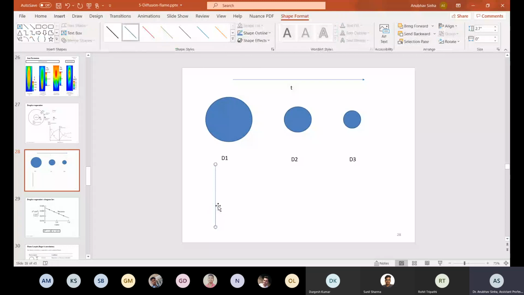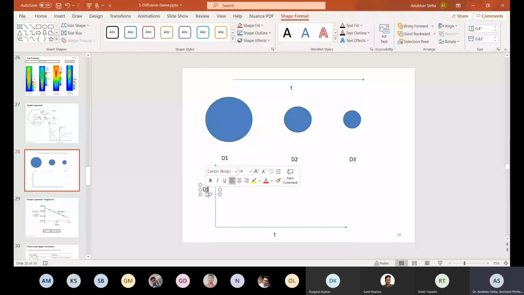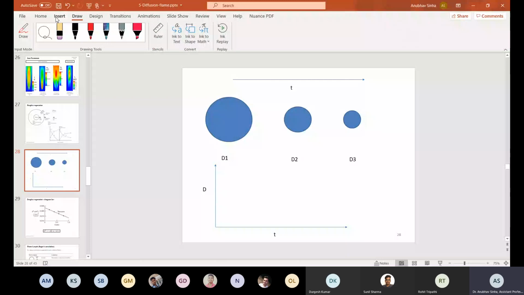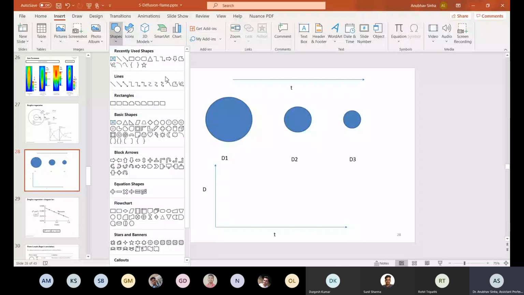Okay. So I want to draw how the droplet diameter looks with respect to time. Let us say the y-axis is diameter and the x-axis is time, right? You understand what I'm doing? Let us keep some symbol for those points.